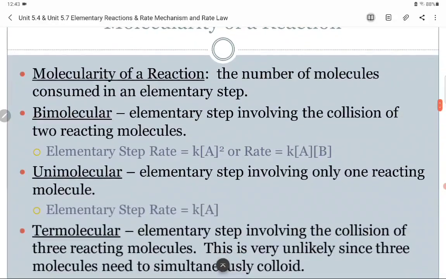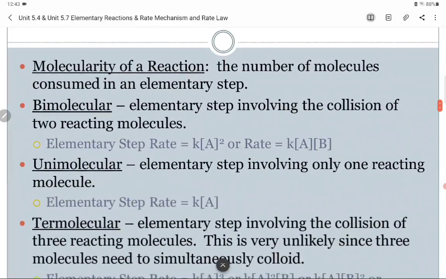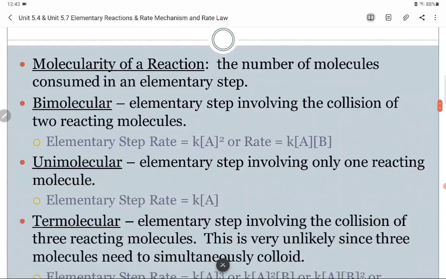So a couple more vocabularies. Reactions take place by either a reactant decomposing or multiple reactants colliding with each other with the correct orientation and the correct amount of energy for the reaction to take place. And these could be bimolecular.